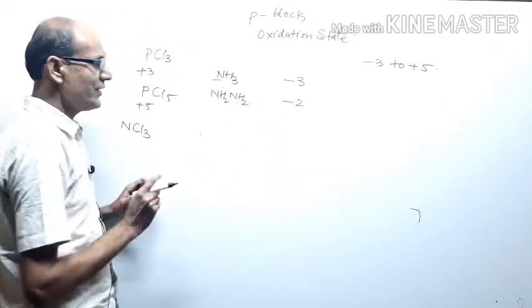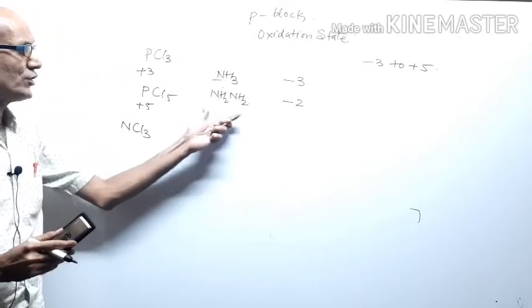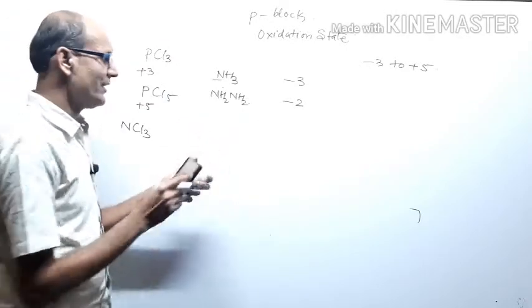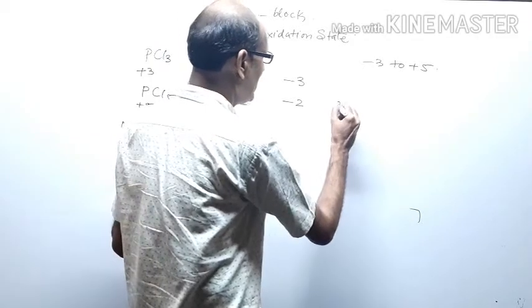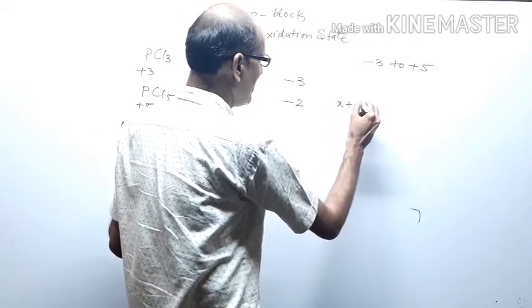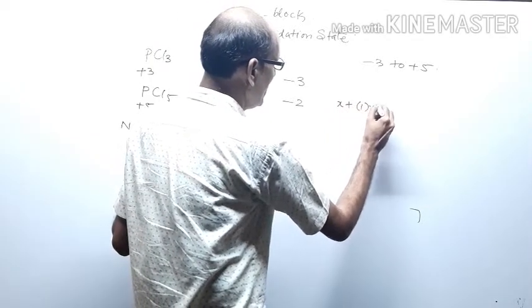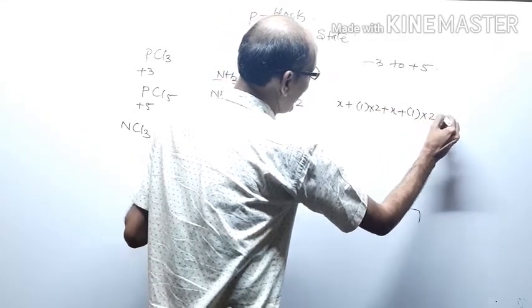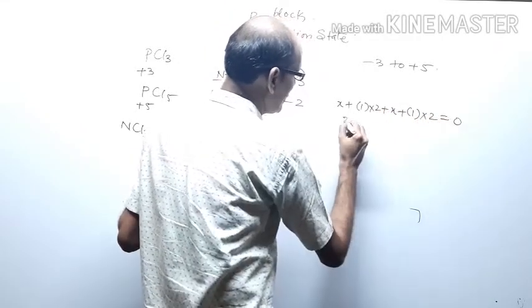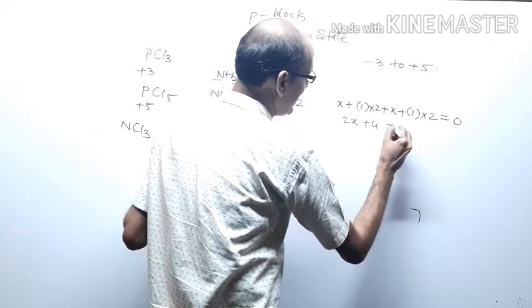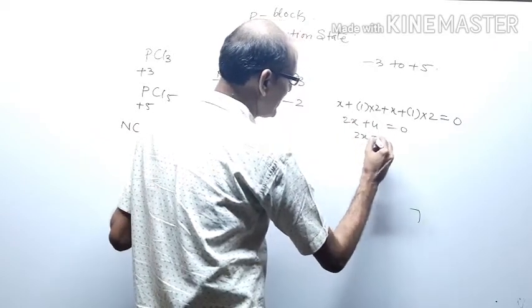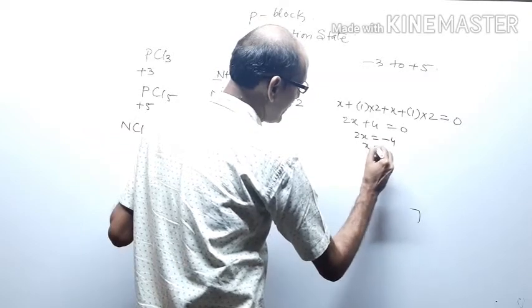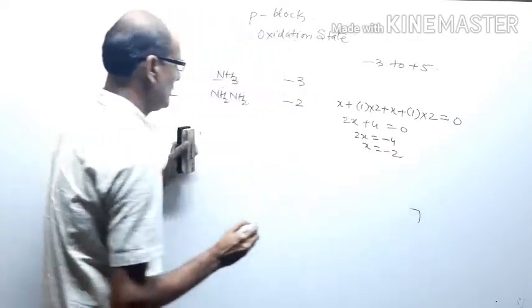How will you calculate the oxidation state of nitrogen in hydrazine? Here we take X for nitrogen: 1 into 2 plus X plus 1 into 2 equals 0. So 2X plus 4 equals 0, so 2X equals -4, so X equals -2.